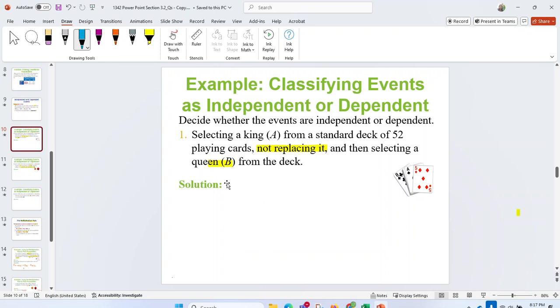All right, so look at this one right here, classifying the event as dependent or independent. You select a King, A, from this standard deck of 52 cards, not replacing it, and then select B from the deck.